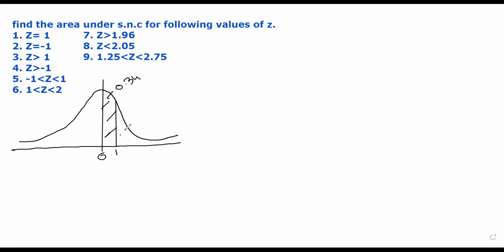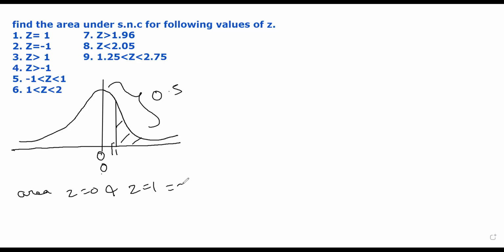That is, I want this area. Now how to find out this area? We know very well that this is 0.5. And from the last sum, we have found that the area between Z is equal to 0 and Z is equal to 1 was 0.3413.